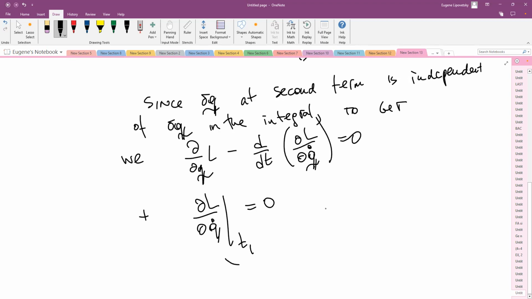This is what is called, I believe, the natural boundary condition.